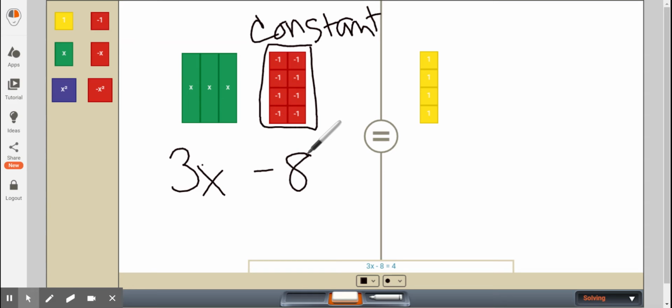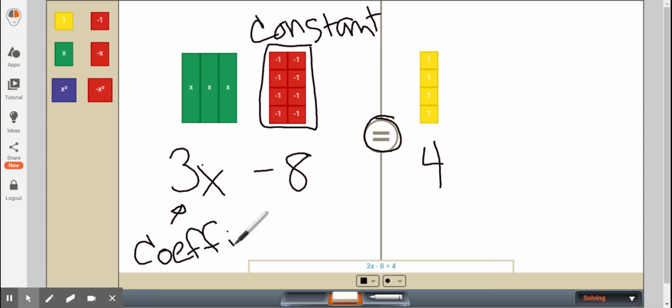So you're taking away 8, and then that is equal to, looks like we have 4, positive 4, or just 4 on the right hand side. All right, and then this one is called the coefficient. Coefficient. All right, let's clean that up a little bit.